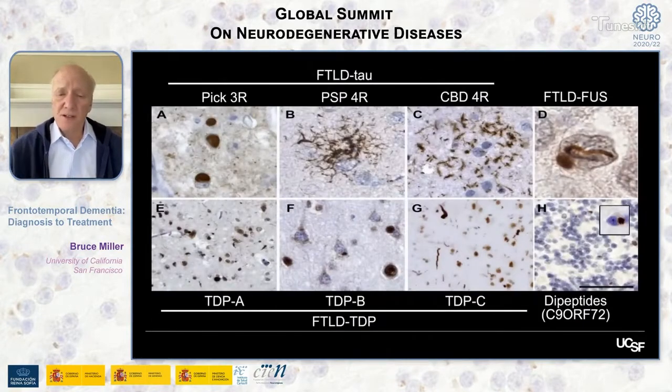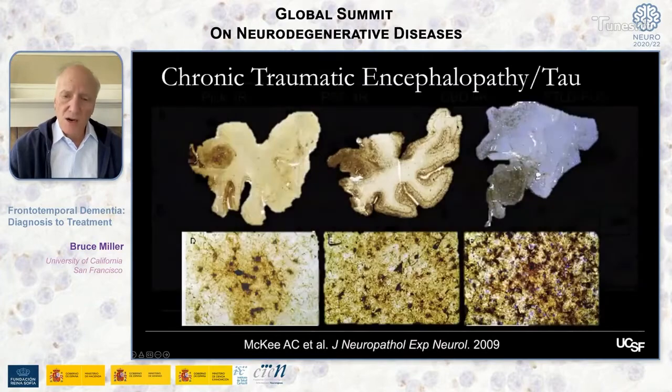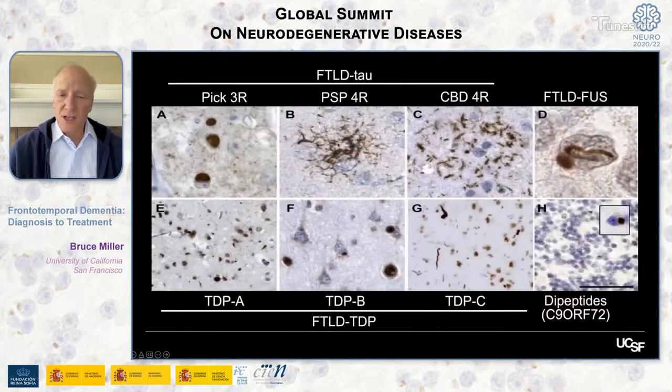This is just a quick summary of the tauopathies: classic Pick's disease with 3R tau inclusions. PSP and cortical basal degeneration are 4R tauopathies with slightly different histological aggregates, slightly different clinical presentations.